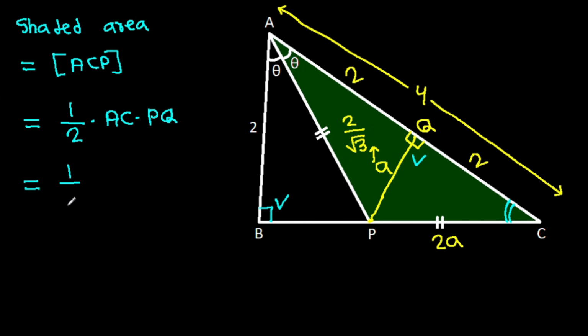It is 1 over 2 times AC is 4 and PQ is a, that is 2 divided by root 3, and 2 will get cancelled, so it is 4 divided by root 3.